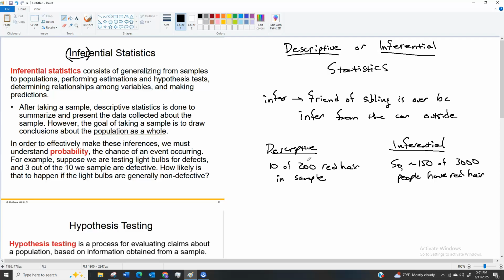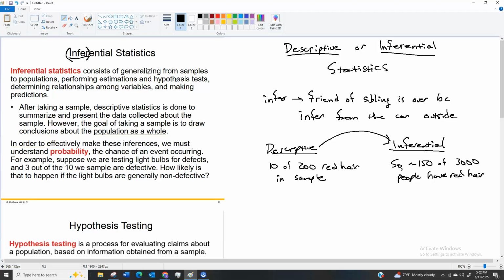Okay, so descriptive is when I just stop with the information that I know for certain from the sample, and inferential is when you're making that leap. I always call it kind of a leap of faith or a leap of knowledge, or based on the information you have, you make that leap to inferential. And that's when you're generalizing from the sample to the population. You're going to have estimations, so this is an estimation.